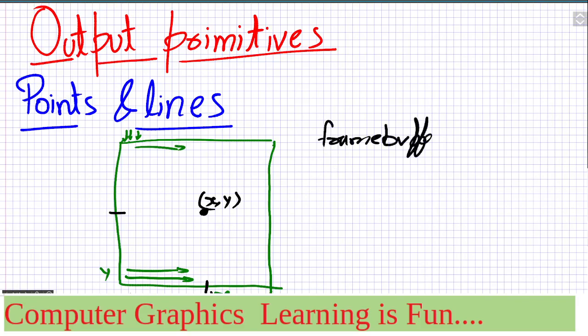So whatever we are trying to plot on the screen, we keep that information in the frame buffer. Frame buffer, you can understand as a matrix, x columns and y rows. And then here we can keep the values.